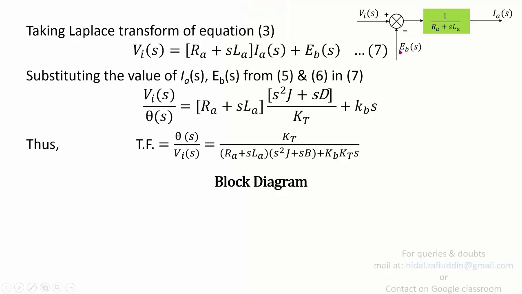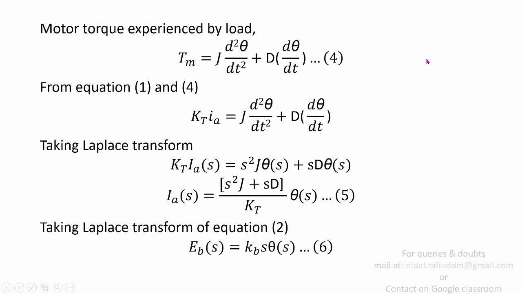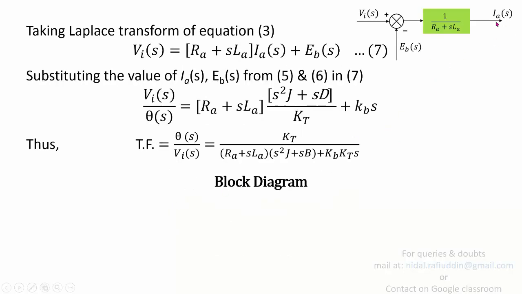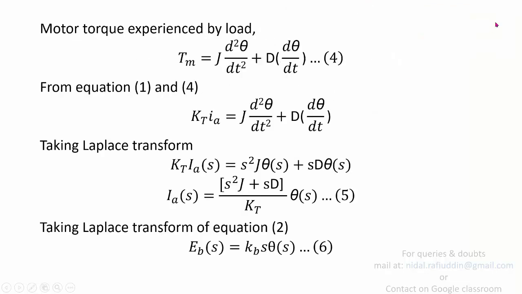Now, how do you obtain theta, which is the output? If you look at equation 5, because we are going to use equation 5, since we obtain IA from this block representation, and if we feed this IA to a block with KT upon S square J plus SD, then that will give you theta(s). Since theta(s) is equal to IA multiplied by KT divided by S square J plus SD.